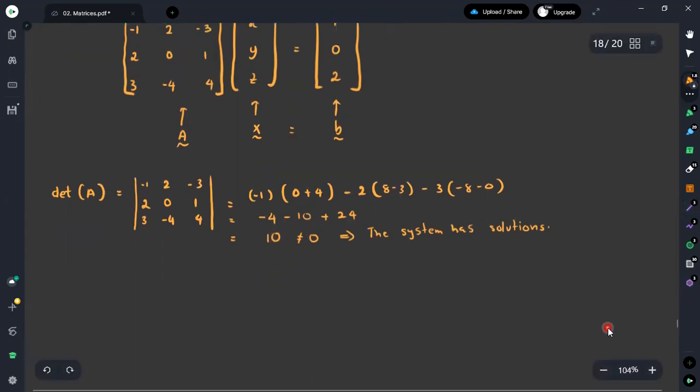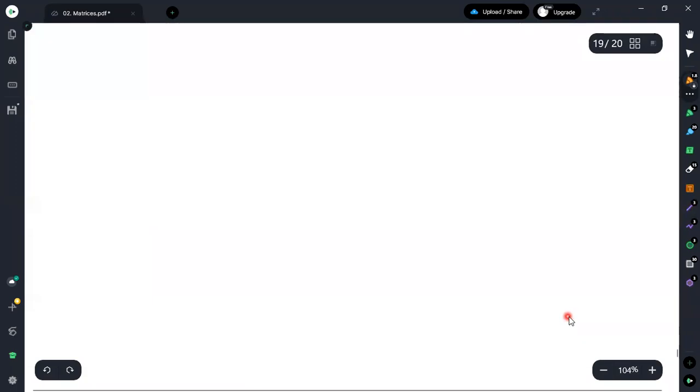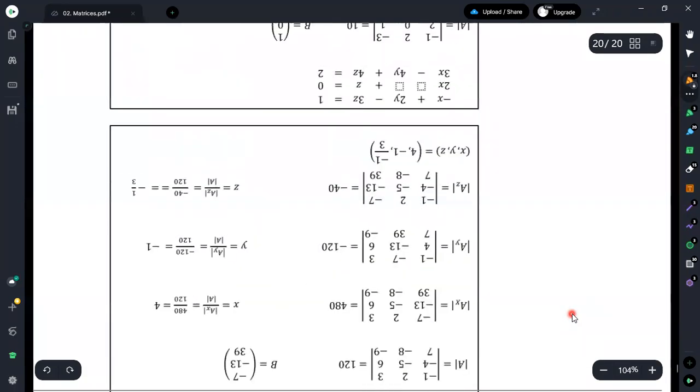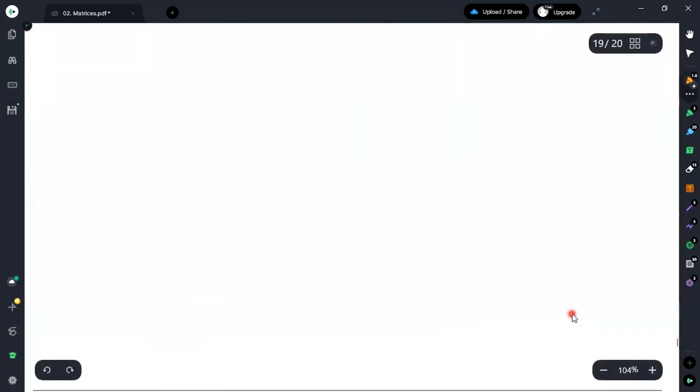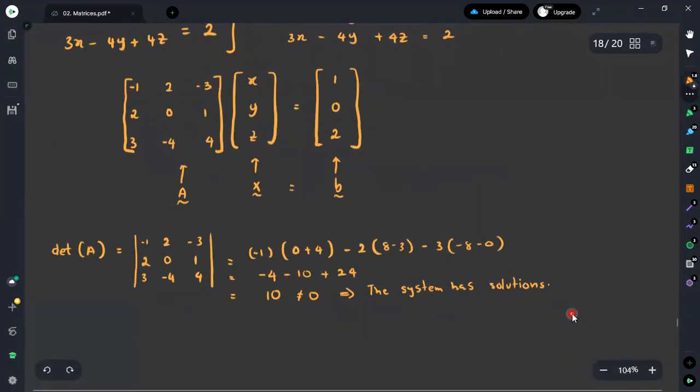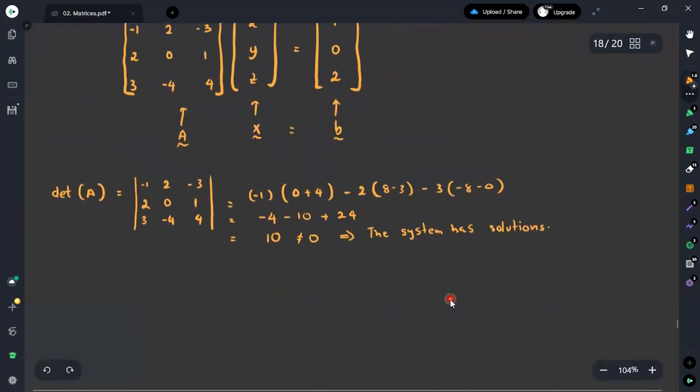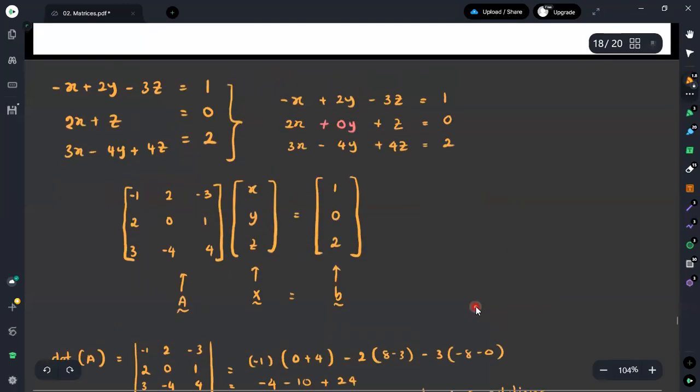Now you have to obtain the answers for x, y, and z. To obtain the values for x, first you need to obtain these values.